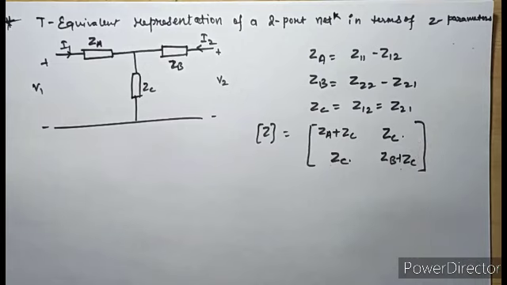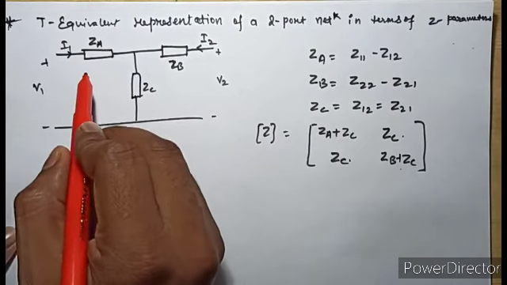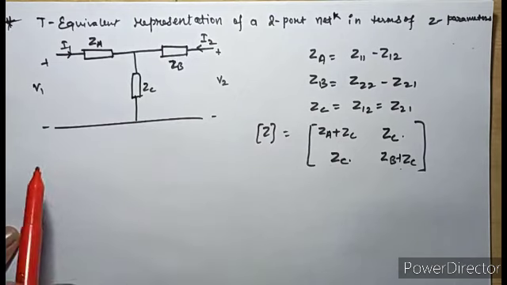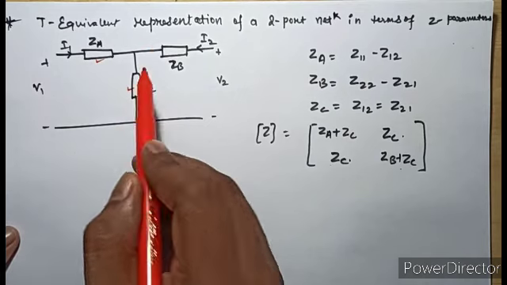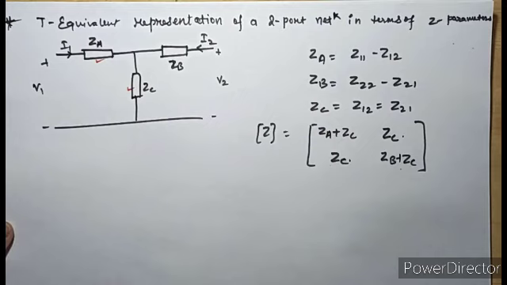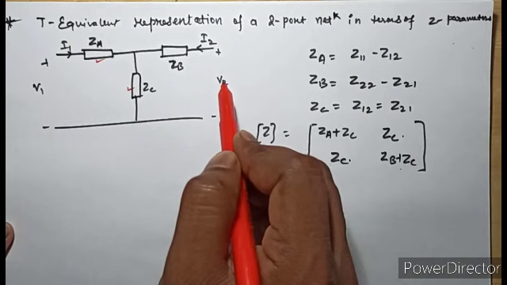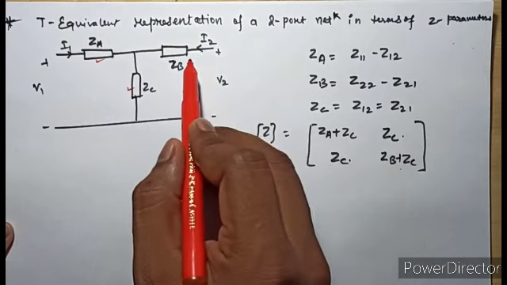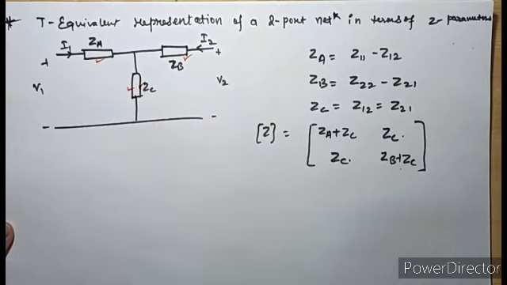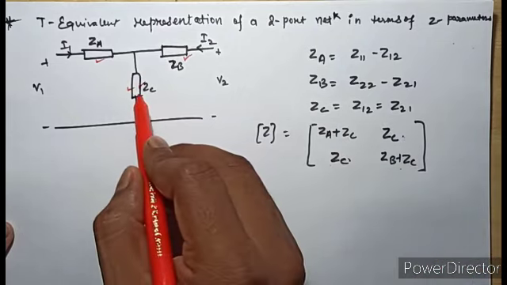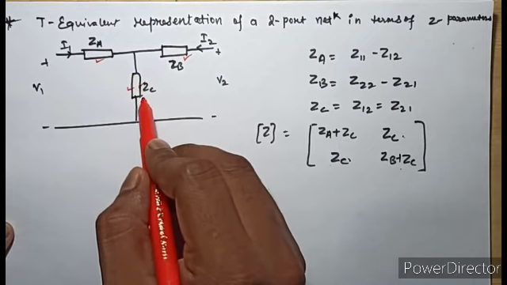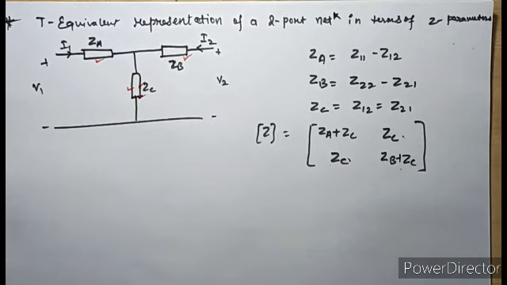To understand Z11, V1 by I1, only input quantities are related, so we sum these two impedances. For Z22, since output quantities only V2 and I2, we sum up these two impedances. And for Z12 and Z21, this impedance is in common, so only ZC will be there. So this is the technique to remember.